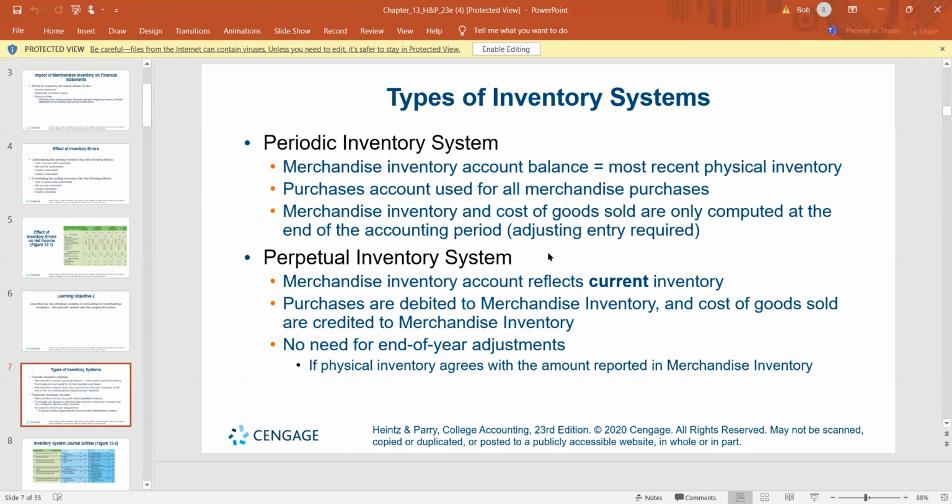Under the perpetual method, we're going to debit an asset, inventory, and cost of goods sold are credited for the merchandise inventory. No need for end of the year adjustments, and you may not even have to take a physical inventory. Hopefully you don't have to take an inventory, maybe you do it every couple of years or something. If the physical inventory agrees with the amount on the merchandise inventory, well, you know you're good.